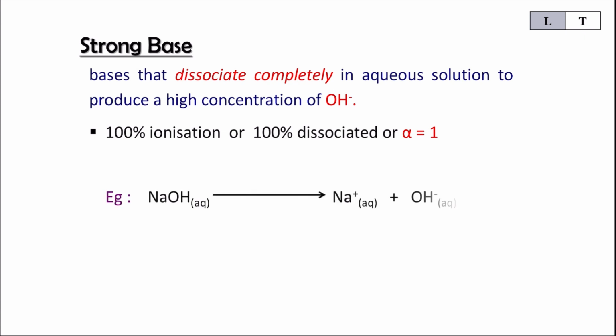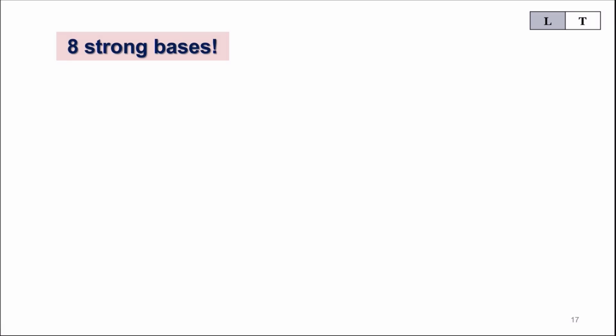Contoh Miss ada NaOH in aqueous phase menghasilkan Na plus aqueous plus OH minus aqueous. So we can conclude here because of NaOH is 100% ionized to form Na plus dan juga OH minus. So NaOH is considered as strong base. So kita ada 8 strong base yang awak perlu tahu.